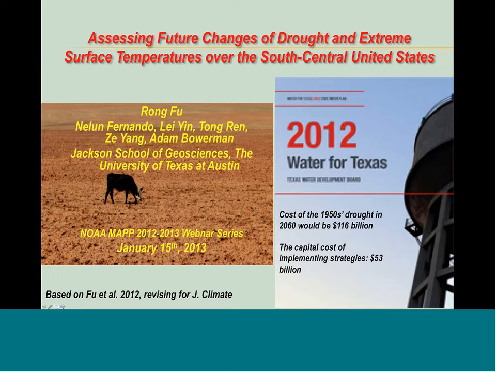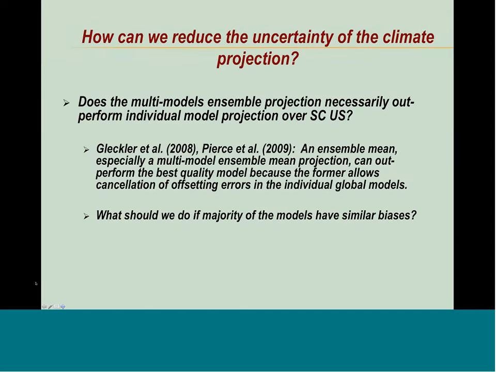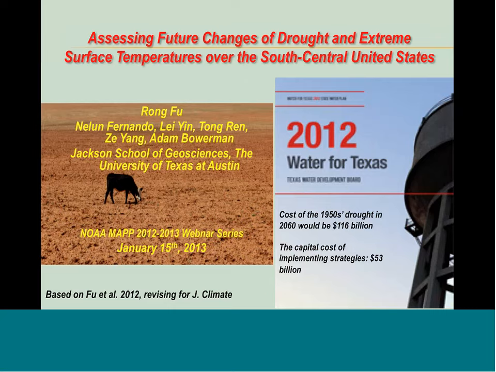And we know that the 2011 and 2012 drought is one of the most costly natural disasters. And as we can see, oh, my screen is moving forward. Sorry about that.